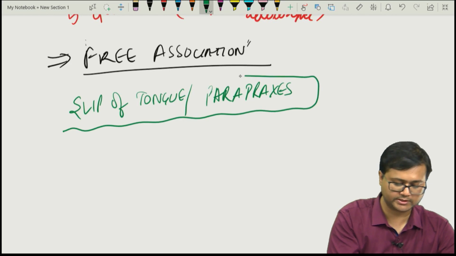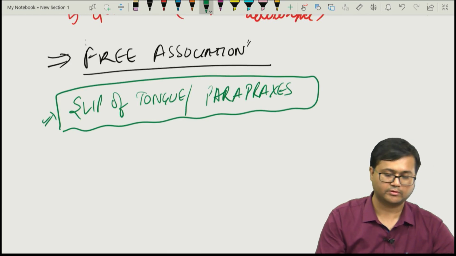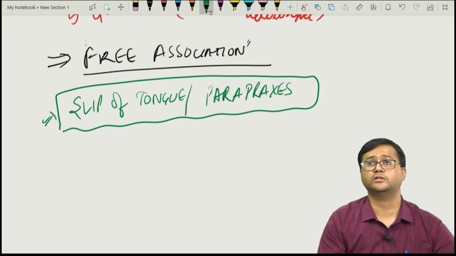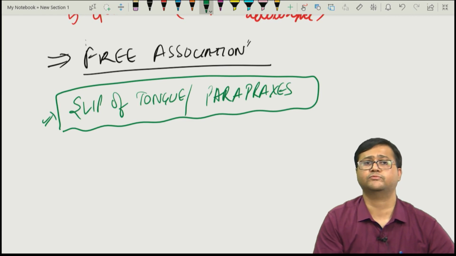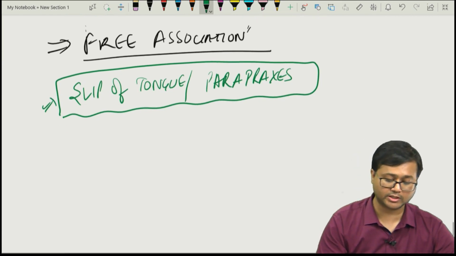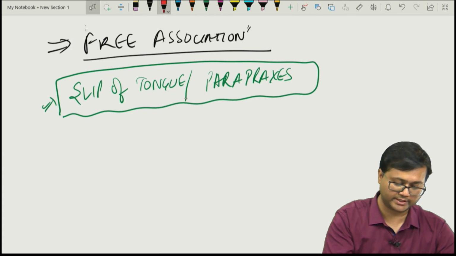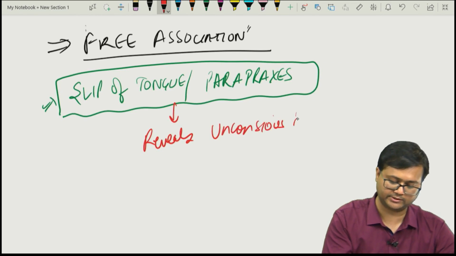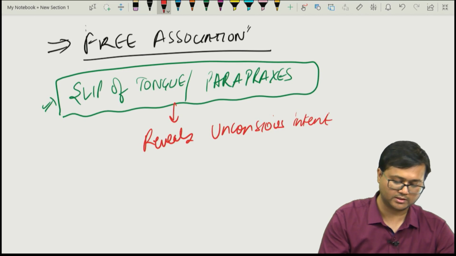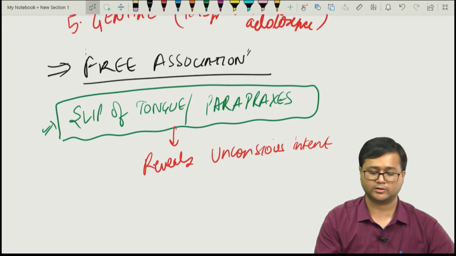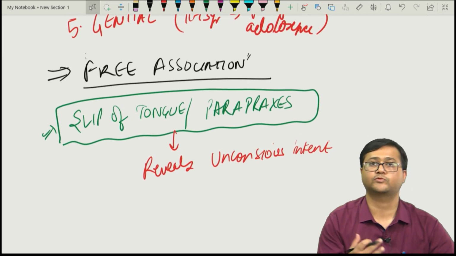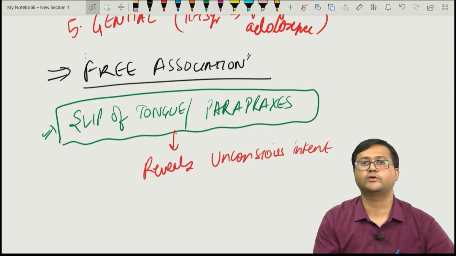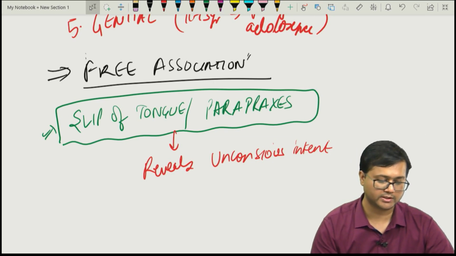So Freud said that whatever we unintentionally say, or what we say in layman's terms is a slip of the tongue, generally reveals or reflects our hidden or unconscious intent. So again, the parapraxis or slip of the tongue concept was given by Sigmund Freud, and of course the ego defense mechanisms were also given by Sigmund Freud.